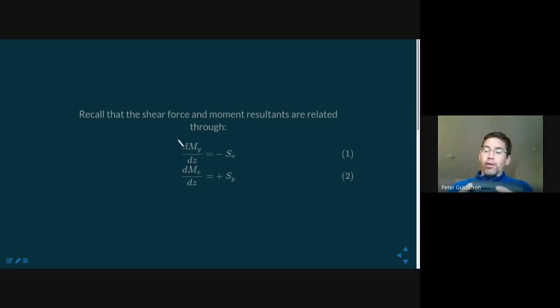So the total resultant on one face determines how the moment changes as a function down the length of the beam. So dMy with respect to z is equal to minus Sx, and dMx with respect to z is equal to plus Sy. We said that the plus-minus differentiation there was based on the right-hand rule, and there's a shear to moment relationship.